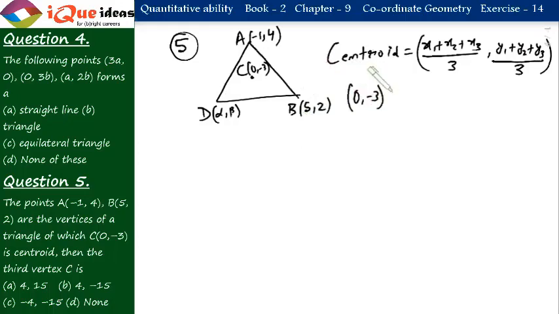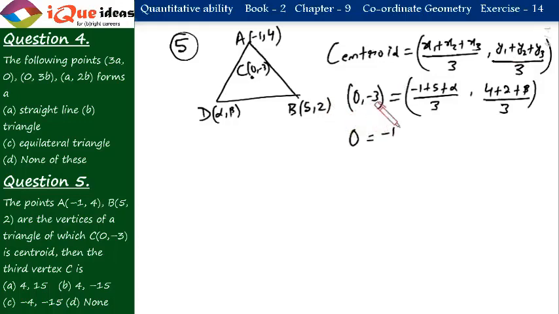So (0, minus 3) should be same as ((minus 1 plus 5 plus alpha) by 3, (4 plus 2 plus beta) by 3). So if you equate the coordinates on both sides, you will get 0 equal to (minus 1 plus 5 plus alpha) by 3, and minus 3 would be equal to (4 plus 2 plus beta) by 3.